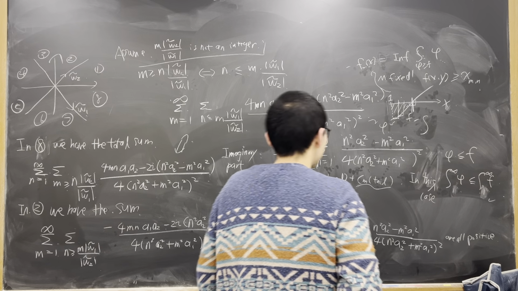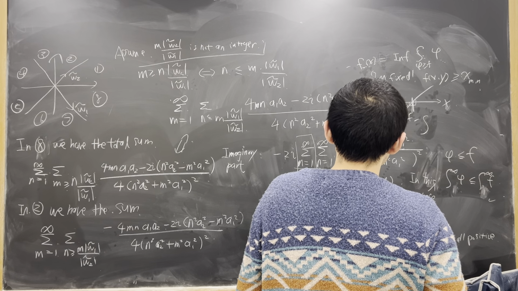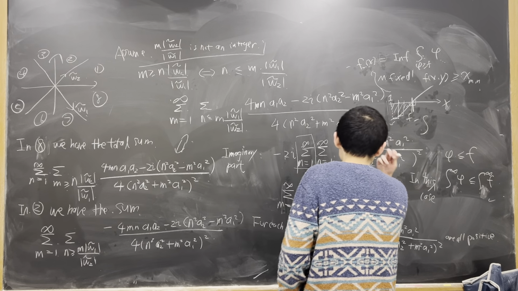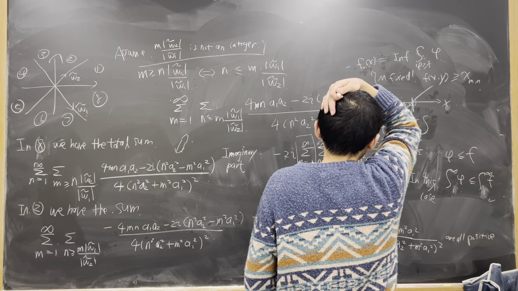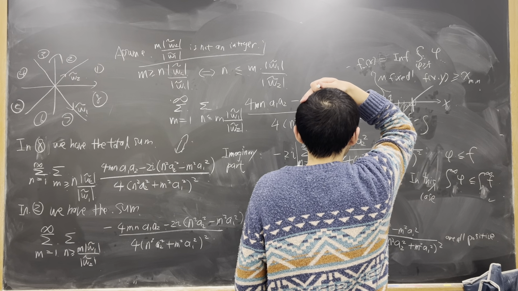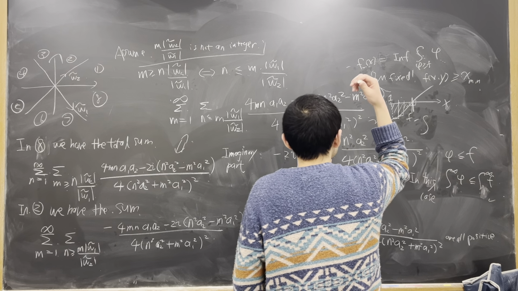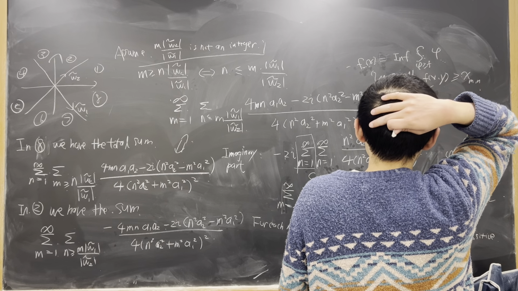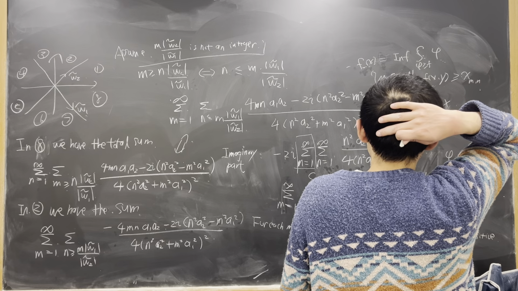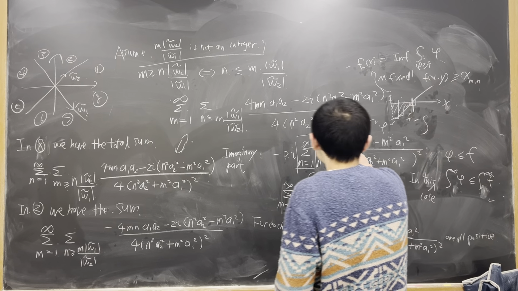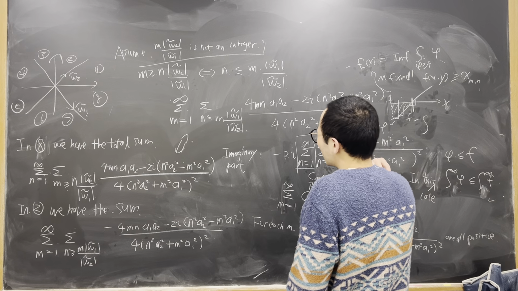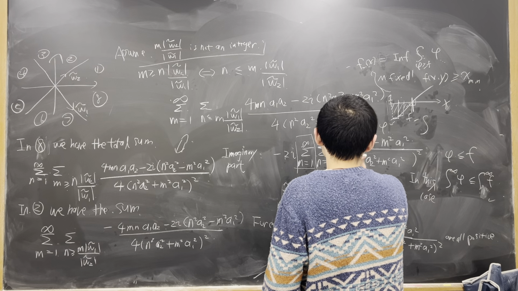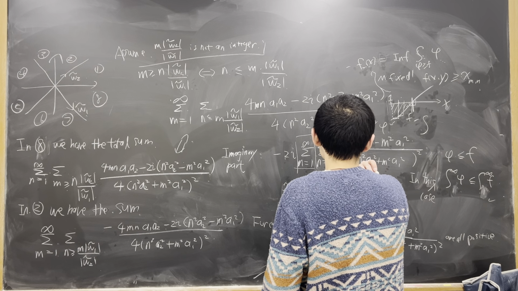If you fix an n here and then you increase m, what happens? Initially it will be smaller, right? So n times m, with m starting from 1, is negative, and if you increase it, it becomes more negative.